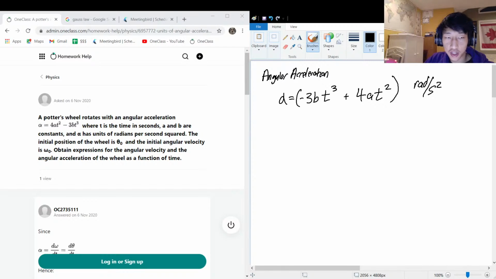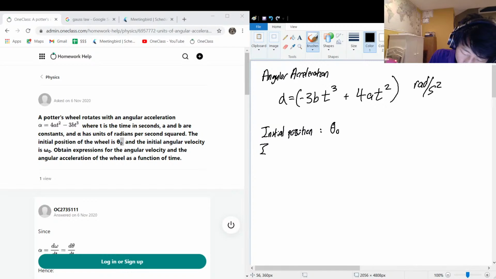The initial position of the wheel is theta naught, and the initial angular velocity is omega naught.